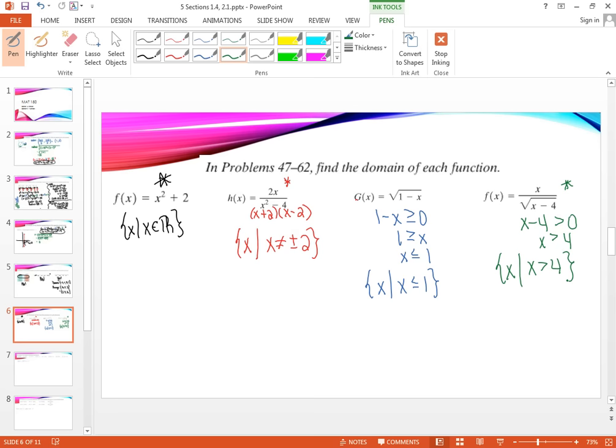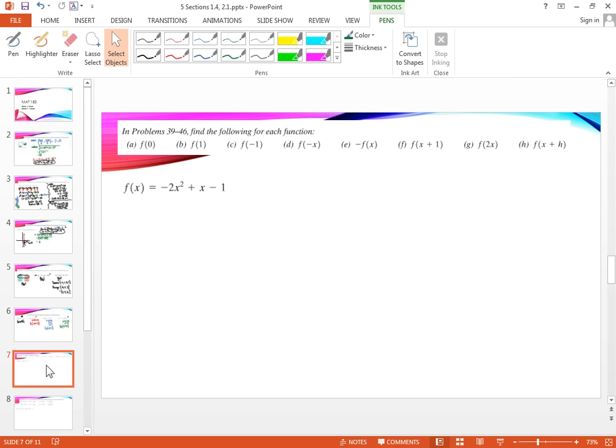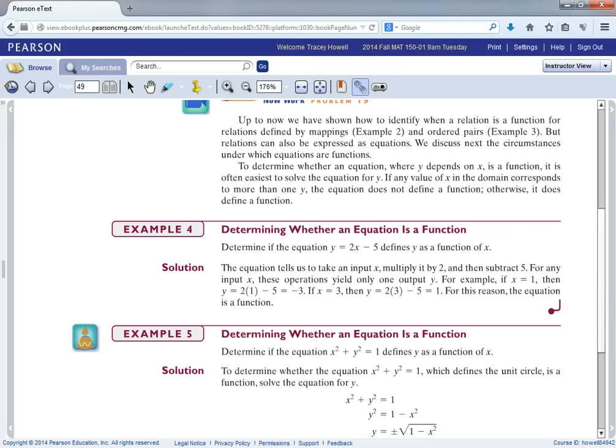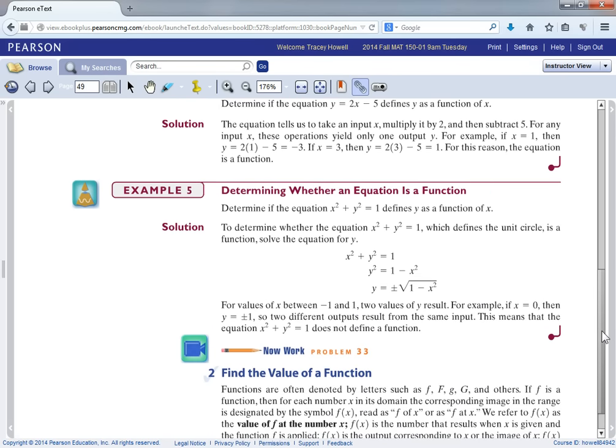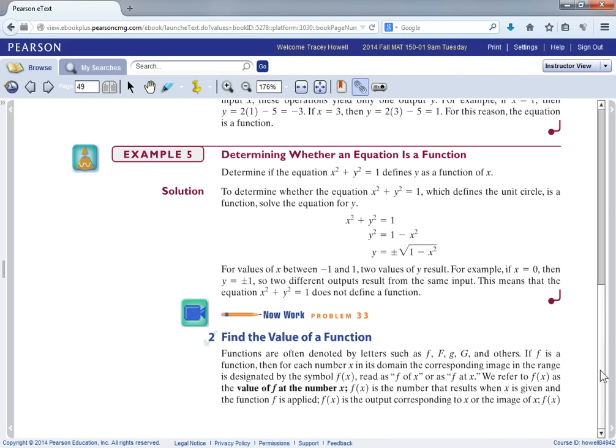Okay. All right. Oh, so now we're going to do this. Let's go back to the book for just a second. I want to make sure we're cool with the notation. All right. So we said a minute ago that functions are often denoted by different letters. Okay. So you'll see f of x, h of x, s of t, v of w.